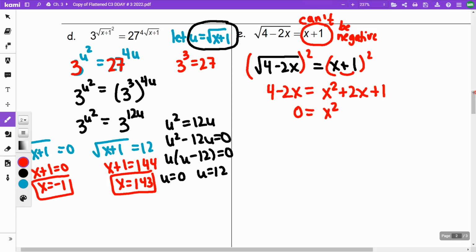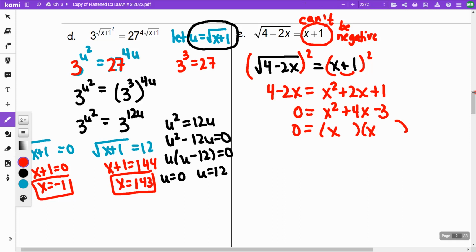I am going to add 2x to both sides. I'm going to subtract 4. And so I'm looking to see what multiplies to -3 and adds to a positive 4. So it multiplies to -3 and adds to a positive 4.